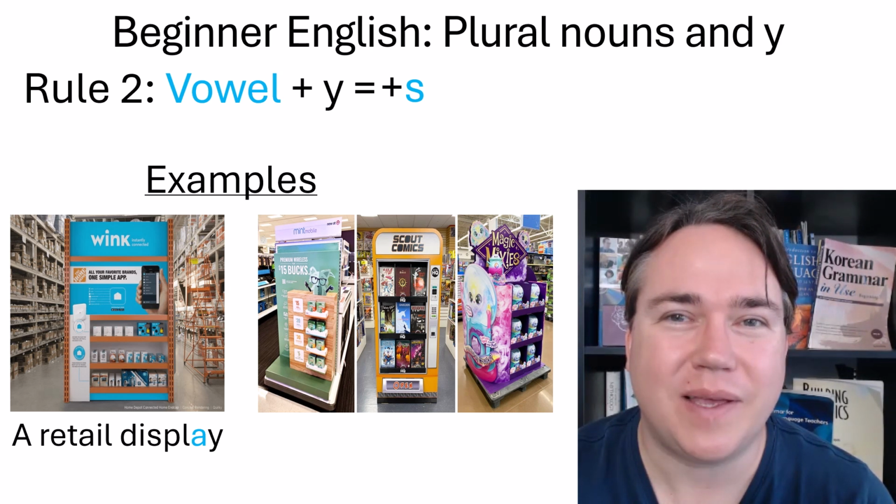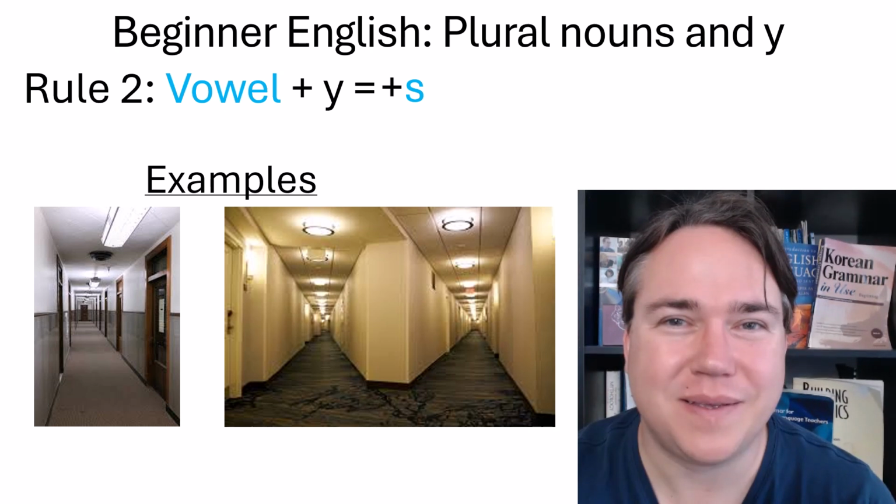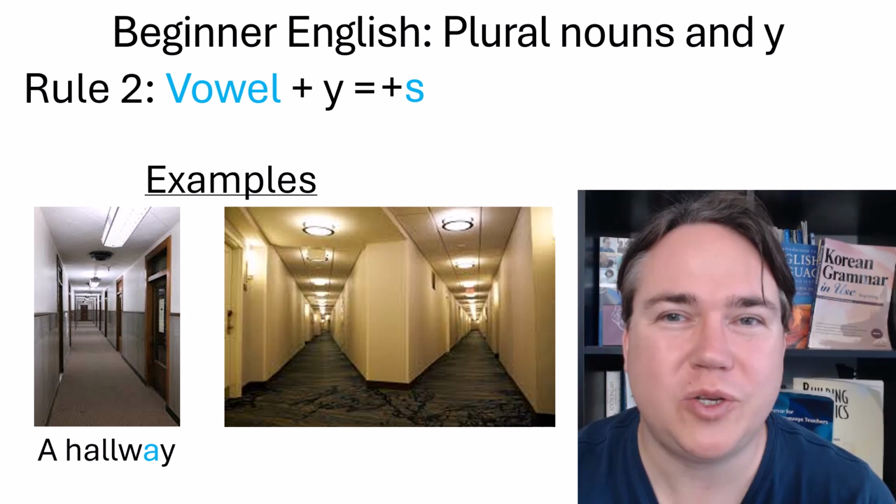We have A followed by Y, A is a vowel. And so for the plural, two retail displays, just add S. A hallway, it's A, which is a vowel, followed by Y. So the plural, two hallways, just add S.